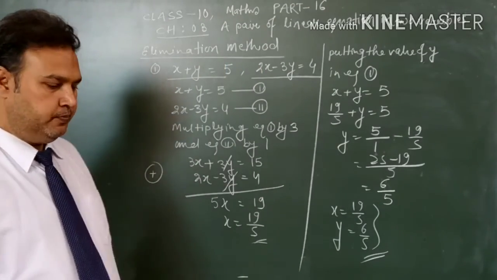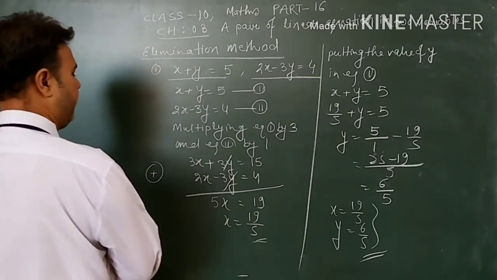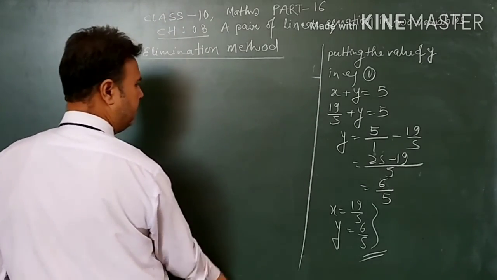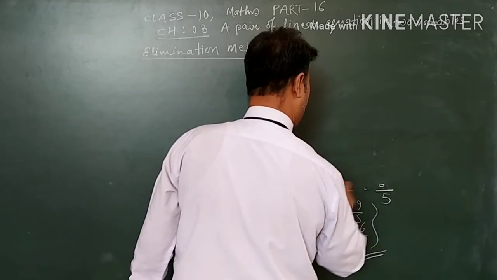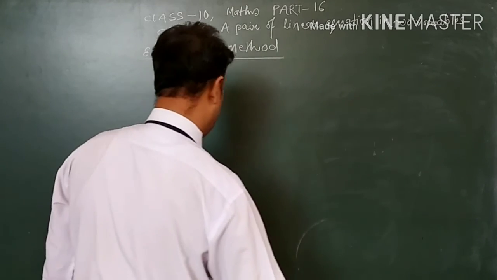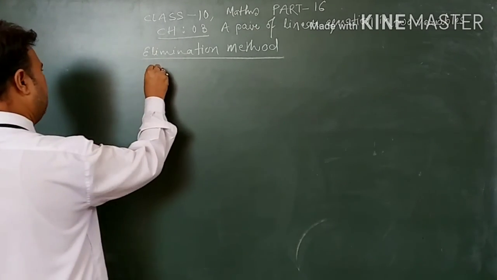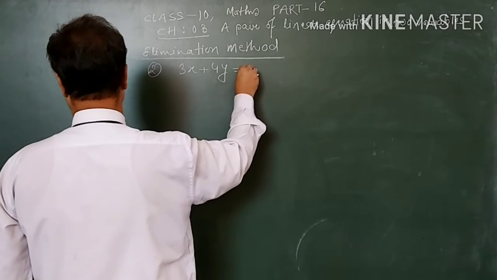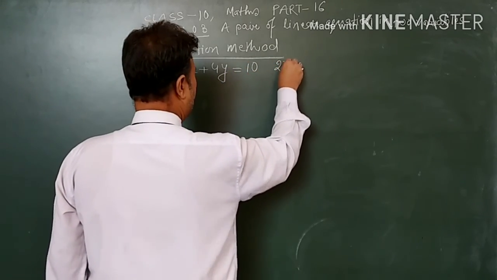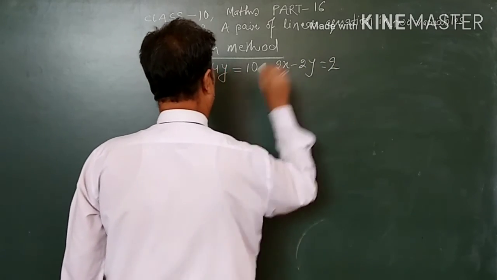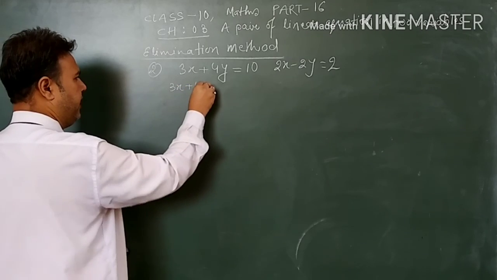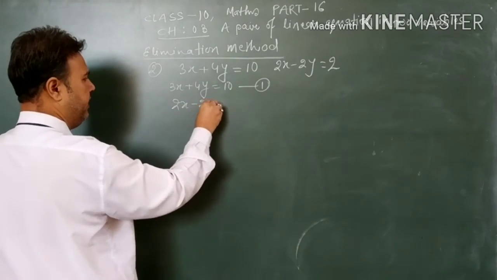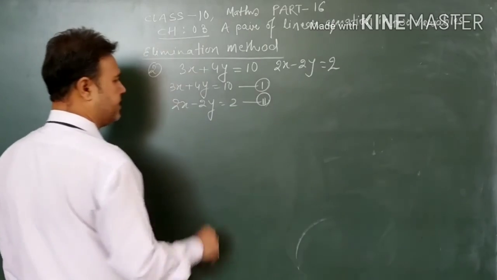I will take one more example to show you. 3x plus 4y is equal to 10. 2x minus 2y is equal to 2. 3x plus 4y is equal to 10 will be considered as equation first, and 2x minus 2y is equal to 2 as second equation.